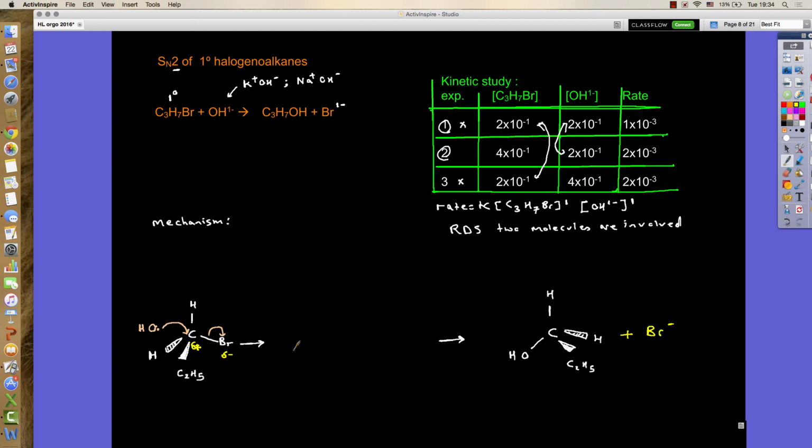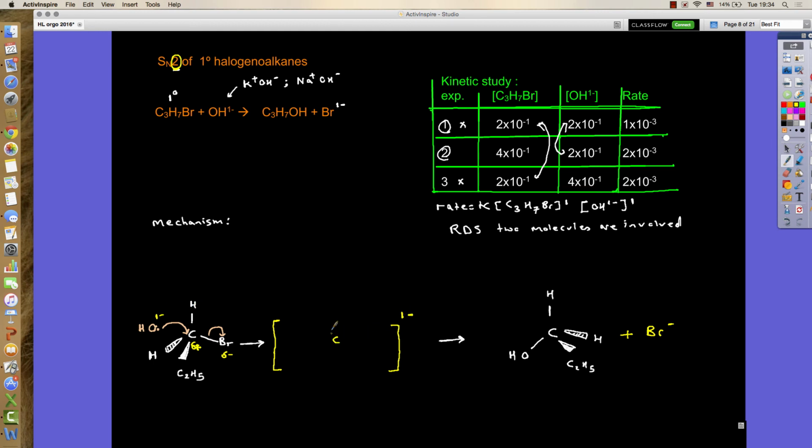Now the question is, how can I show the steps involved in order to get this bimolecular notion out? There should be only one step, in which both species are shown. And that step is shown as a bracket, which is an activated complex. So the charge of the hydroxide is shown on the activated complex.